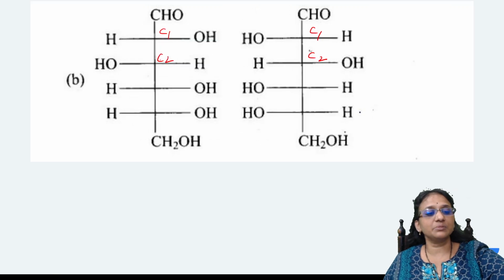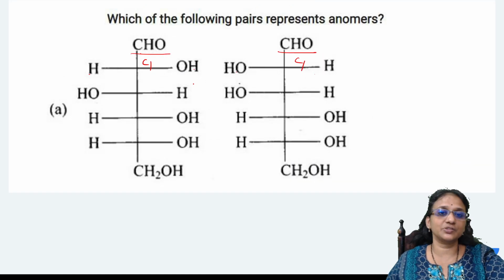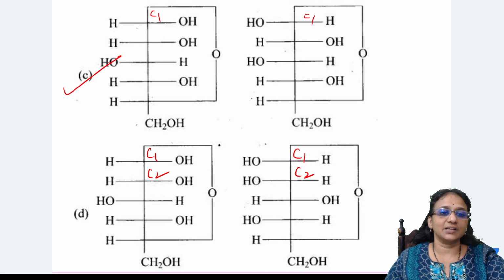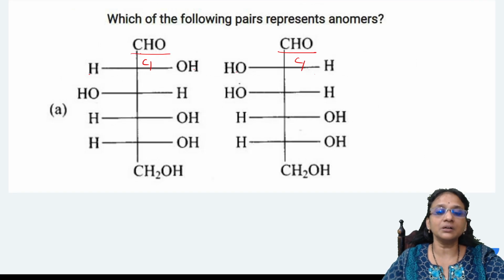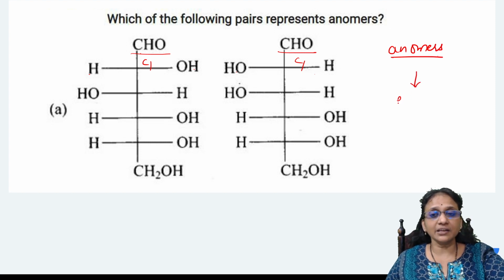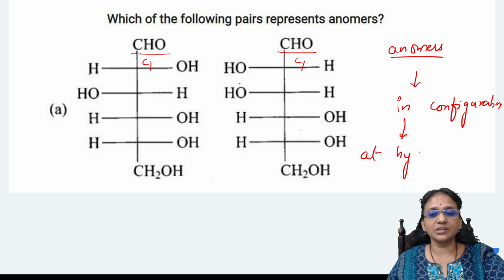So always remember, students, if somebody asks you what is meant by anomer, check the answer. Correct answer is C. I'll tell you why. Always remember, anomers are those which differ in configuration. Which configuration? They differ in the configuration at the hydroxyl position.